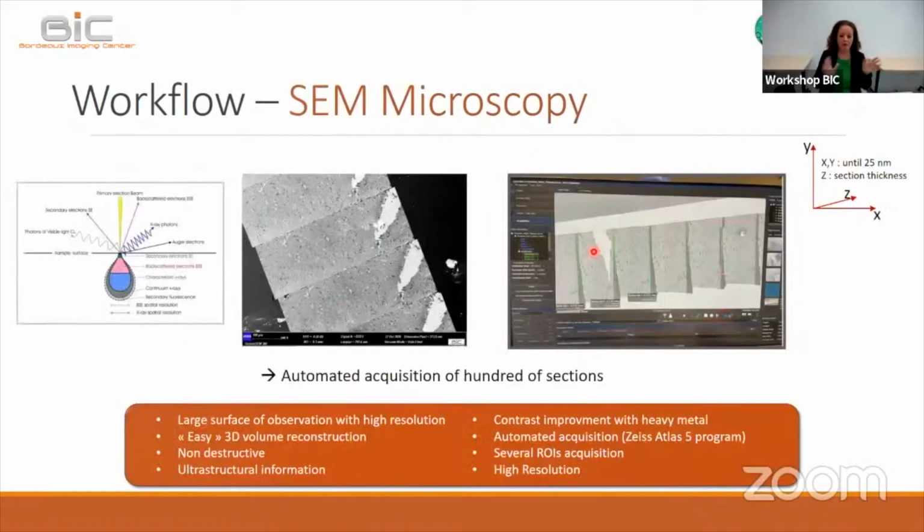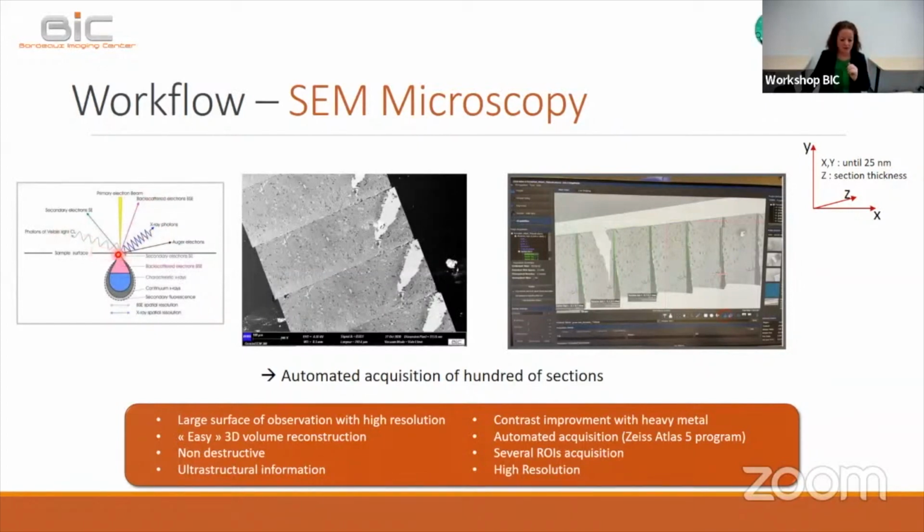Once you have finished with the light microscopy, you go to the SEM. For those who don't know what SEM microscopy is, I just show a short scheme here. You have the beam that comes onto the top surface of the sample, and we will have different emissions.